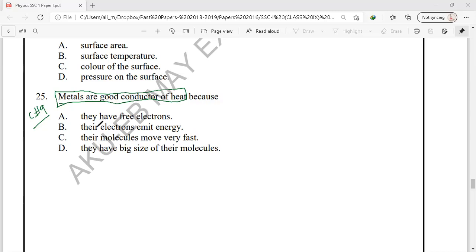We have studied that the main difference between metals and non-metals is that metals have free electrons that increase the rate of transfer of heat, while for non-metals the energy transfer is only through the conduction process, and they have no free electrons to increase it. So the correct option for this question number 25 is option A, that metals are good conductors of heat because they have free electrons.